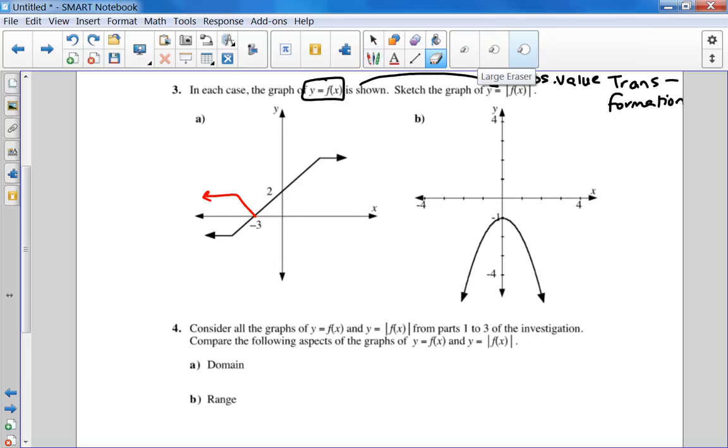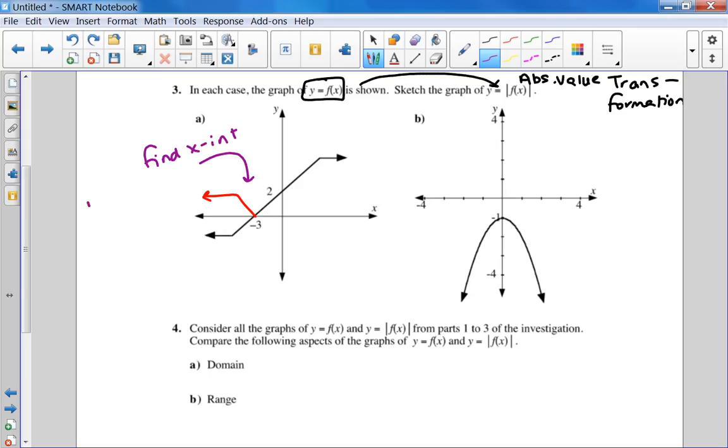You don't need to worry about it. So it's an interesting thing where you just basically find the x-intercept and then reflect all negative portions. Reflect the negative portion. That's all it is.